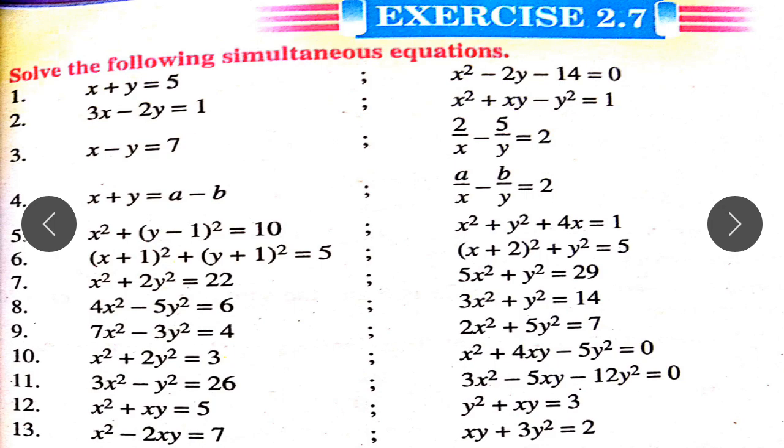Let's go with the last question, question number 13. In question number 13, you can see here that x square exists and here y square exists. Now you can see that the difference between question number 12 and 13 is that here you have xy and xy, but here you have 2xy and here you have xy. So there you cannot get the similar terms; if you take common, you will not get the similar terms for the purpose of division.